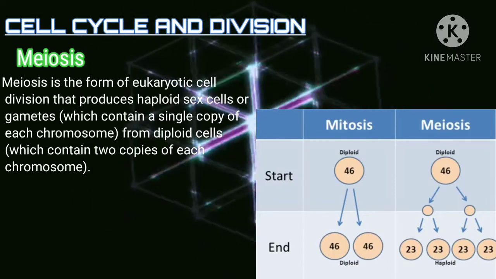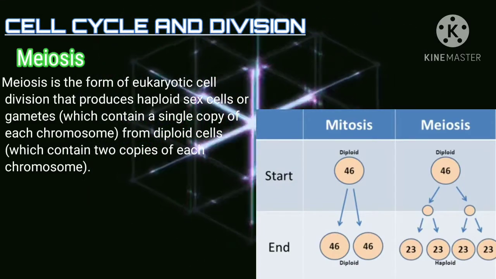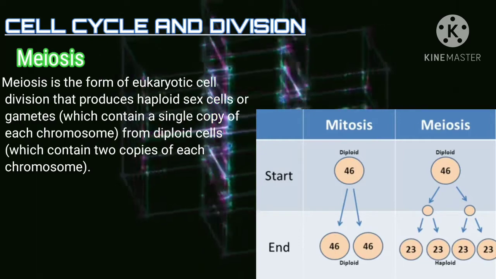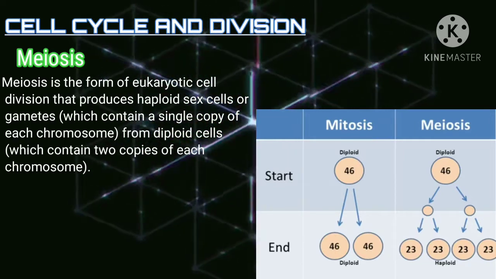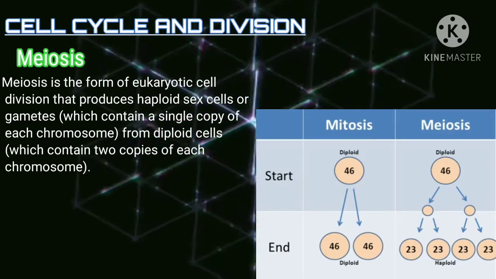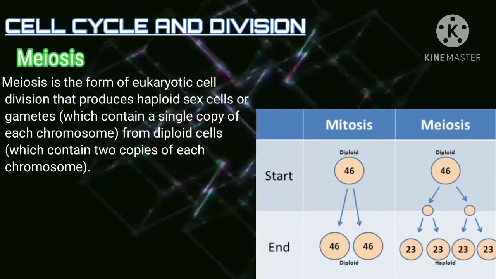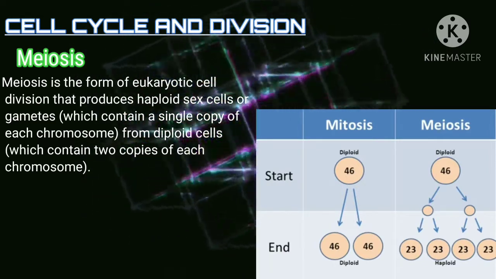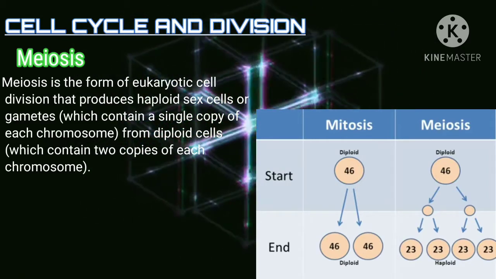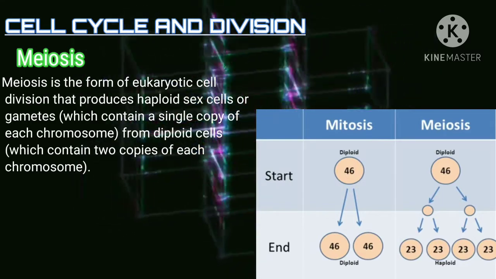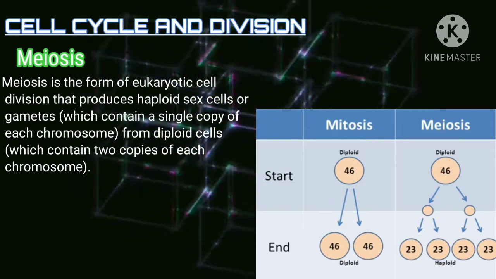Meiosis is the form of eukaryotic cell division that produces haploid sex cells or gametes. Remember, meiosis produces haploid sex cells or gametes, which contain a single copy of each chromosome, different from mitosis.